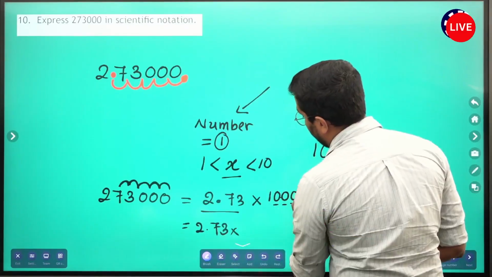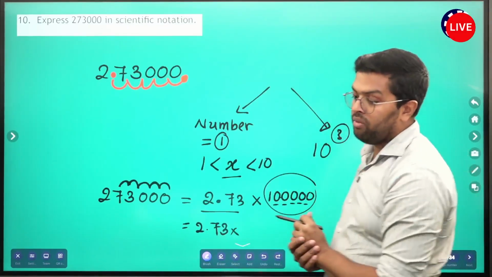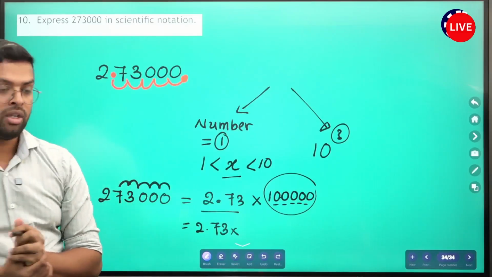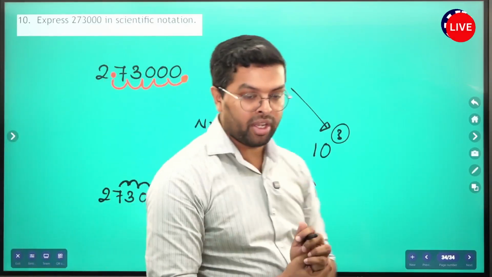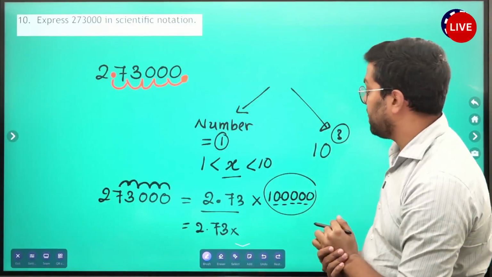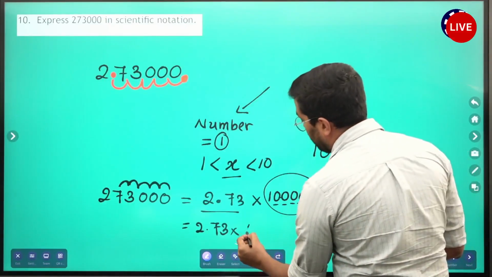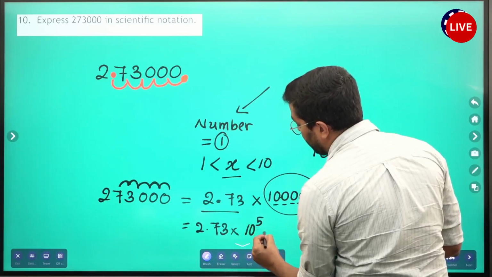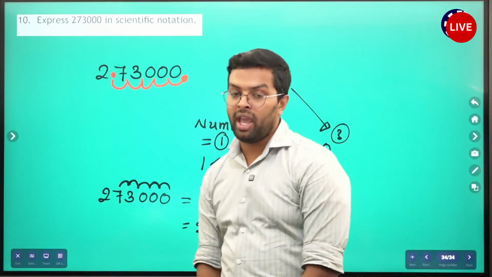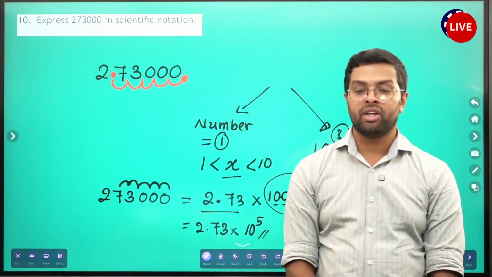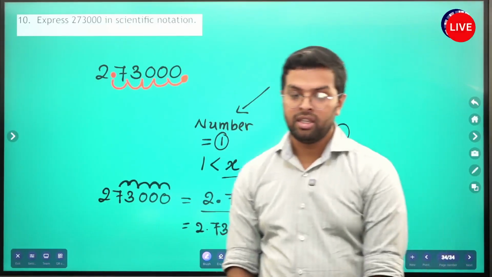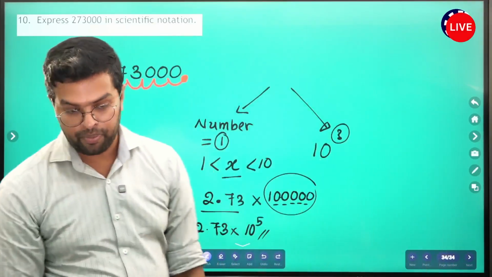This number 100,000, can we write it as a power of 10? Yes, we can. How to write it as a power of 10? 10 to the power 5. So this notation we are calling the scientific notation.